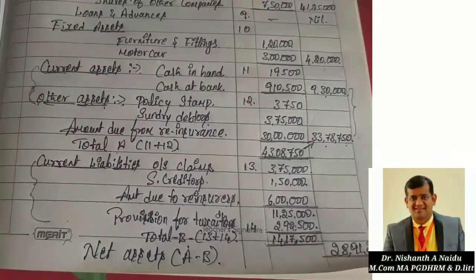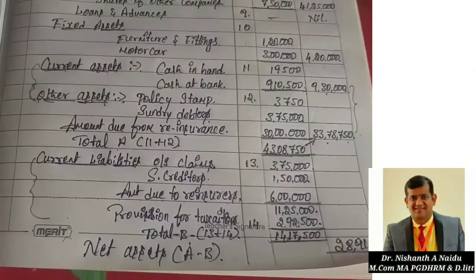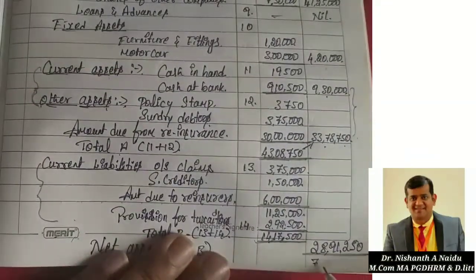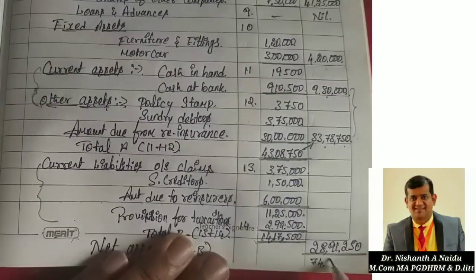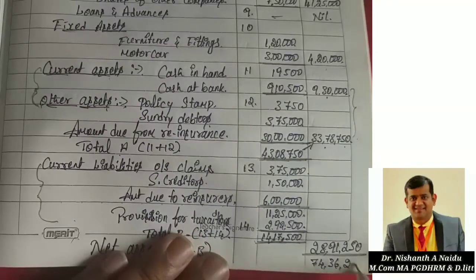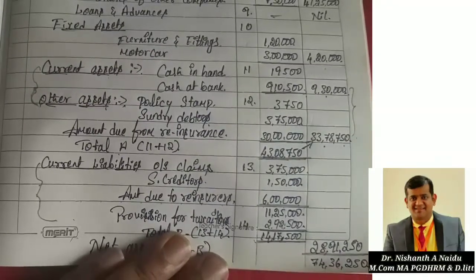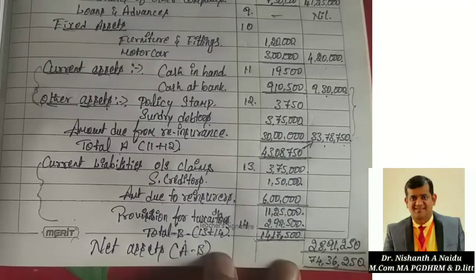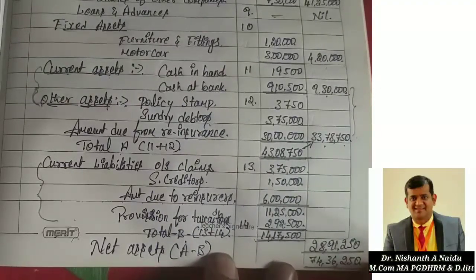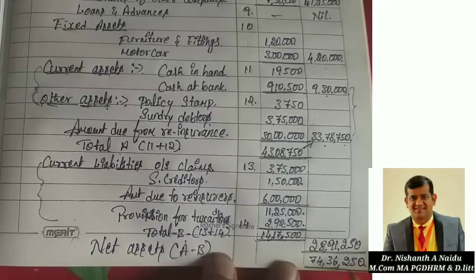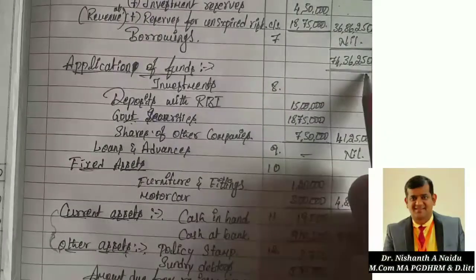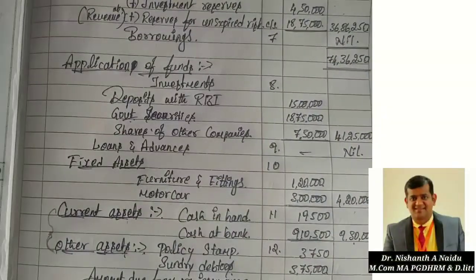That comes to 74,36,250 rupees. So the balance sheet got tallied.